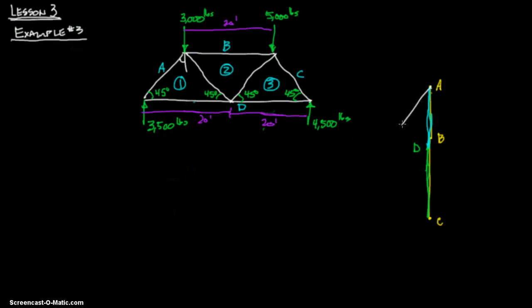Then you look at D1. D1 is right here, A1 is right here. For D1, you start at point D and come out at the same angle that D1 is at. And where you connect, you call it 1.